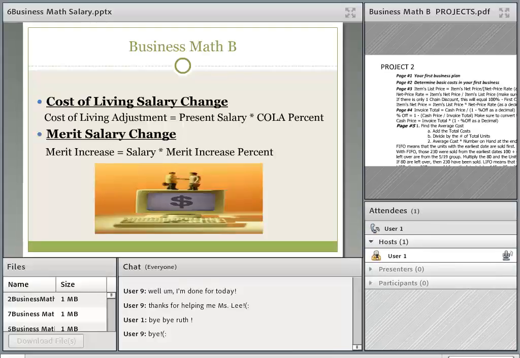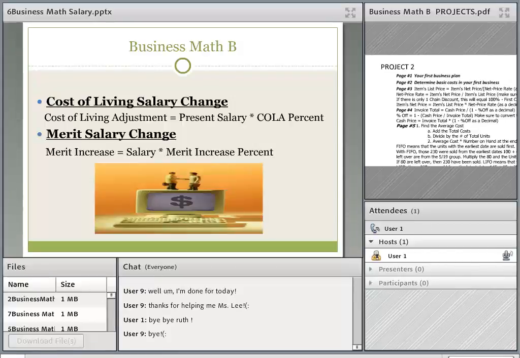The merit salary formula is going to be, again, present salary times the merit increase percent. Sometimes that is determined by the business, but often there are statistics in place that actually measure that: the amount of time or the amount of units that you produce, the amount of time you spend with customers, the number of customers you're with, the amount you sell.